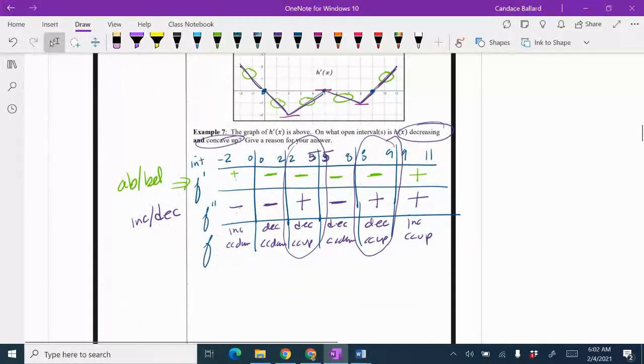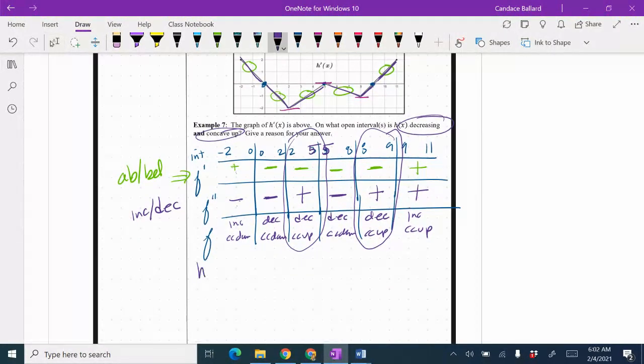All right, so h is decreasing and concave up on 2 to 5 and 8 to 9.